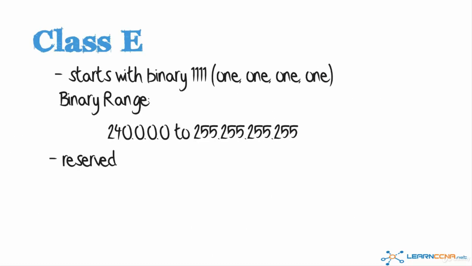We'll talk about broadcasts in a moment, but once again, the important piece to understand here is that Class E addresses are in the range 240 to 255 in the first octet. Class E addresses are reserved for both testing and other purposes.